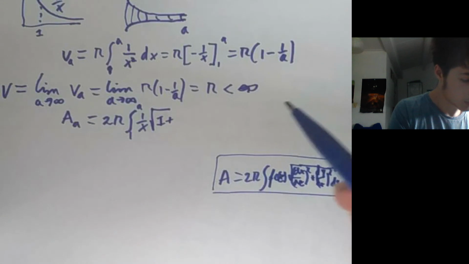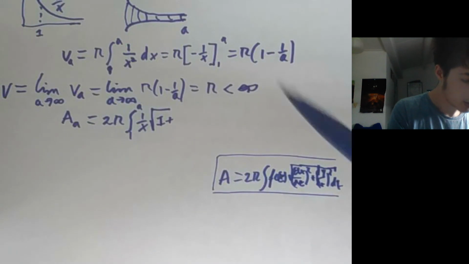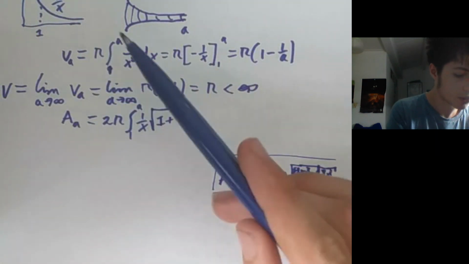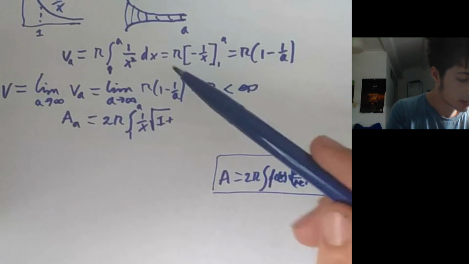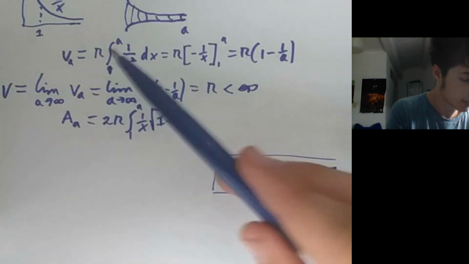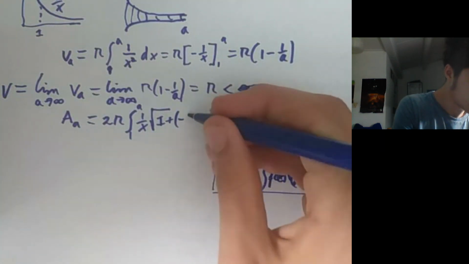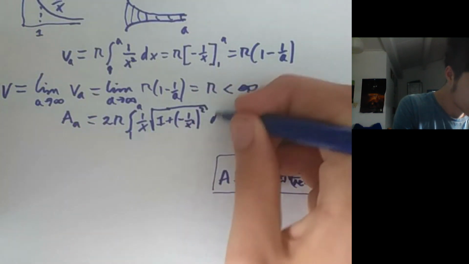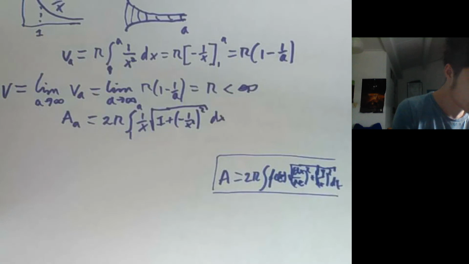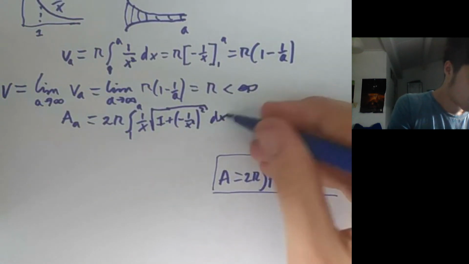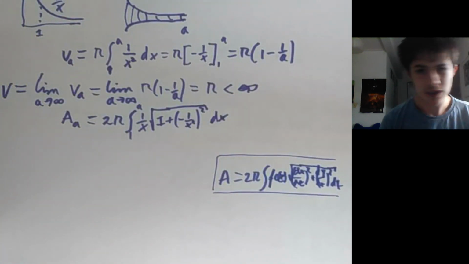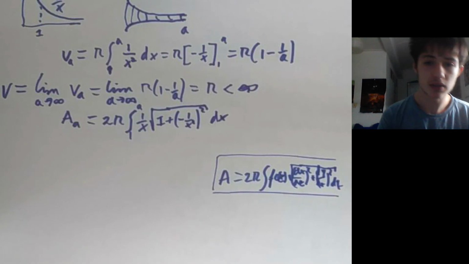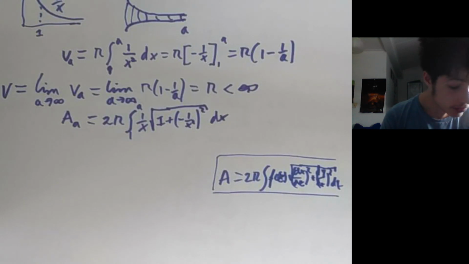And then we have to differentiate our function y with respect to x. So that's just going to be negative 1 over x squared, and squared. And I'll integrate this with respect to x. Okay, so you might look at this and say, yeah, well, it's kind of a hard integral. And it actually is.